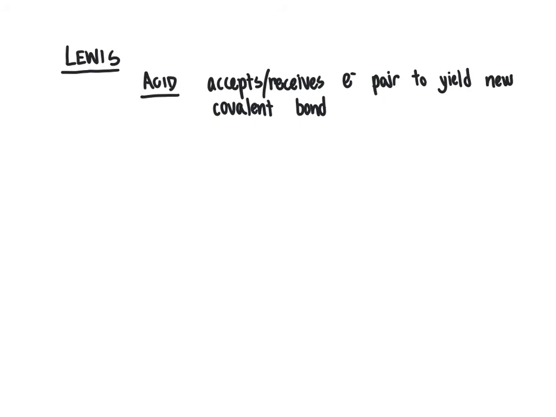And what goes along with the Lewis acid, of course, its buddy, is the Lewis base. Rather than accepting or receiving a pair of electrons, the Lewis base is going to be donating that pair of electrons.